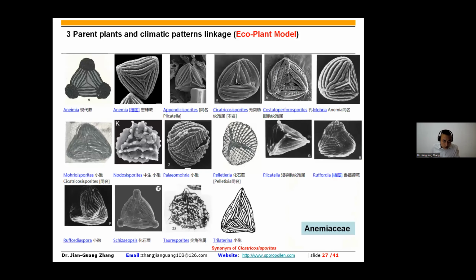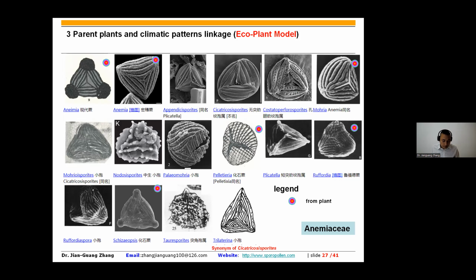These are all the genera related to this family. Those genera marked with daggers are from extant or in situ plants. Those without daggers are dispersed spores.